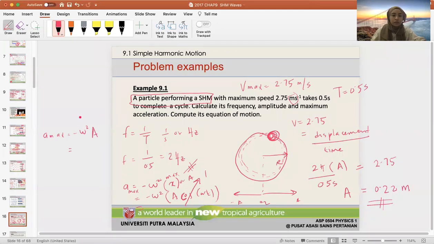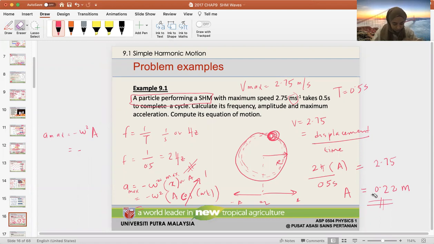We know what omega is because we have v, where v equals r omega. So that is 2.75 divided by r, which is, no. What is omega? We know what A is. A is 0.22.